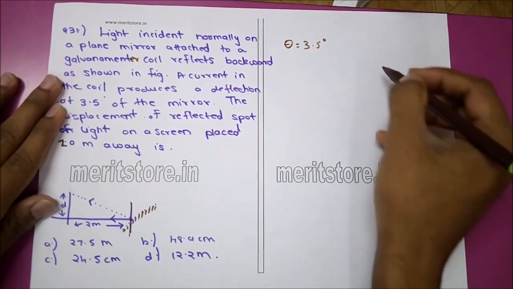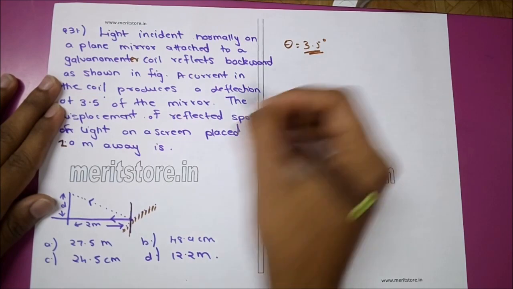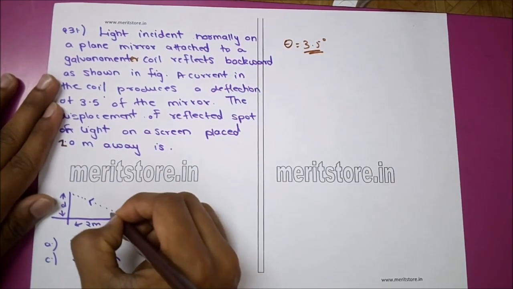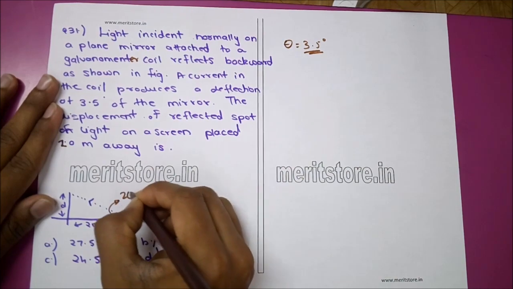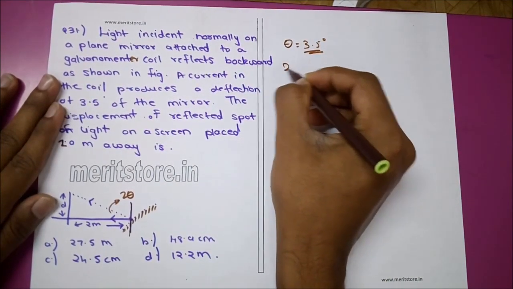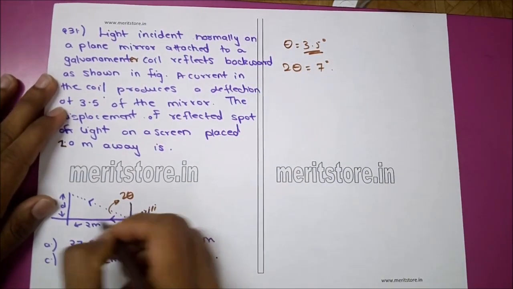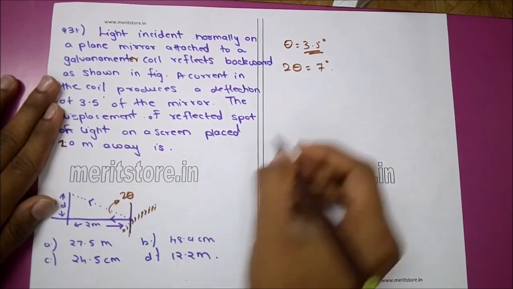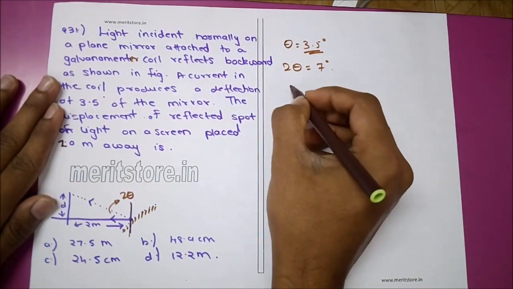However, since the mirror is deflected 3.5 degrees, the reflected ray would reflect at an angle of 2 theta, that is 2 times this. So the reflected ray angle 2 theta is equal to 7 degrees, and the distance between the screen and this mirror is given as 2 meters.